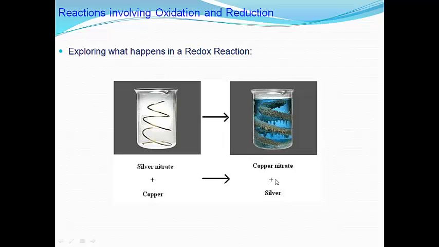If you think about the reaction very carefully, you are seeing some kind of exchange mechanism occurring, where the ions in solution are exchanged. You started out with silver ions, and now you end up with copper ions in solution, and you started out with copper solid, and you end up with silver solid. So what is happening in these reactions?